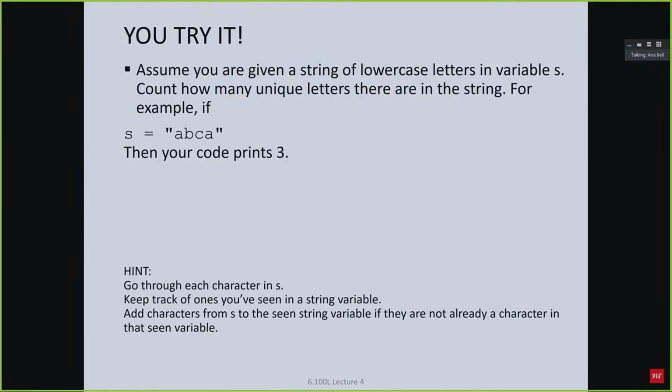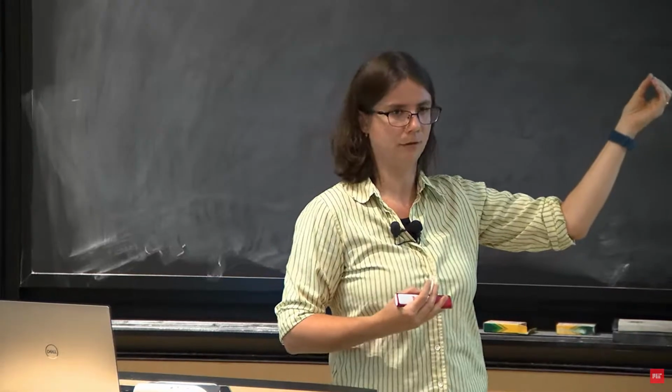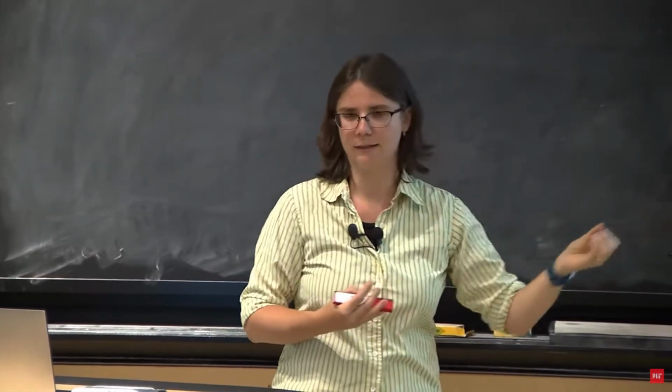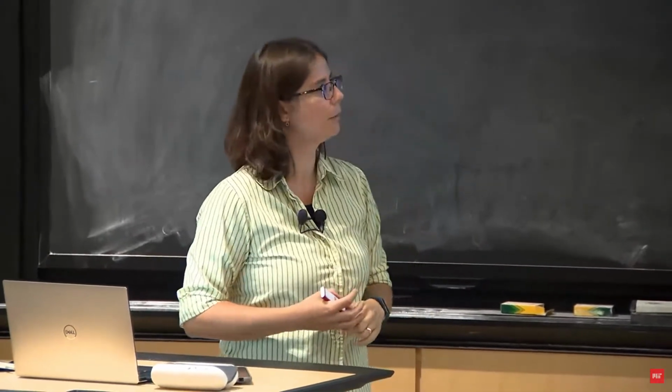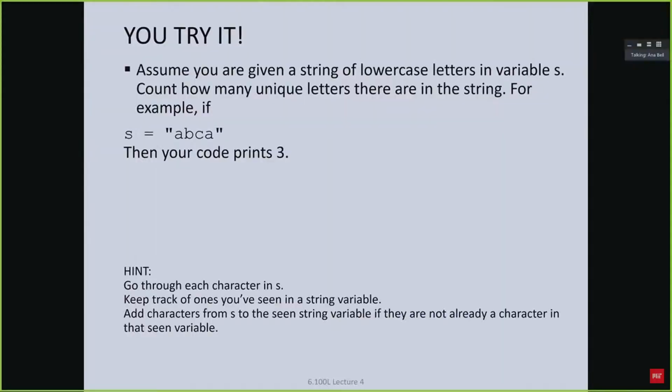I do have a little hint. It involves the use of an extra variable, as these programs usually go. Try to think about having this extra variable be a string that contains everything you've seen so far. As soon as you see a letter that you haven't seen before, add it to this string variable, marking that you've now seen this letter, and then use this seen variable to write the rest of it.